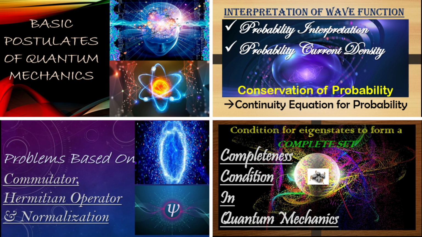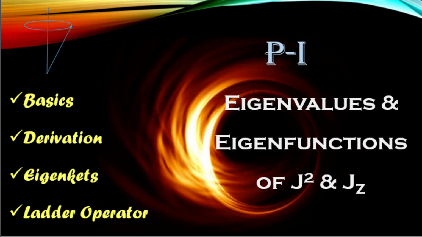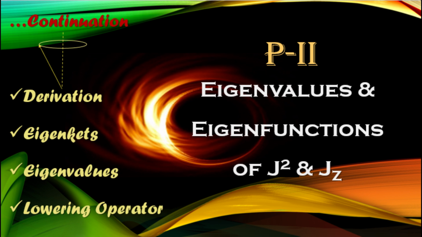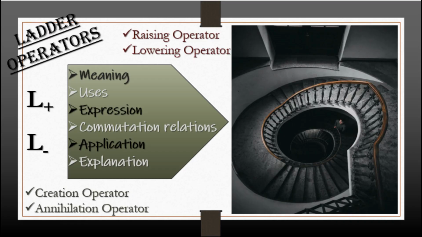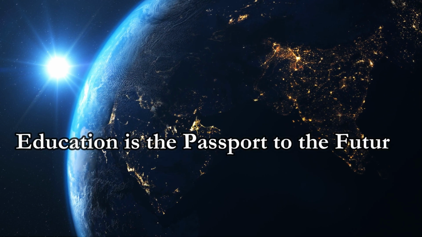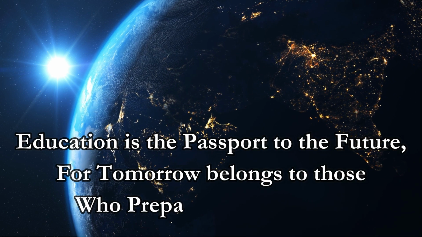So in these two classes we have completely studied the details corresponding to eigenvalues and eigenfunctions of j square and jz, making use of lowering and raising operators, or we can say we have understood the working of raising and lowering operators.